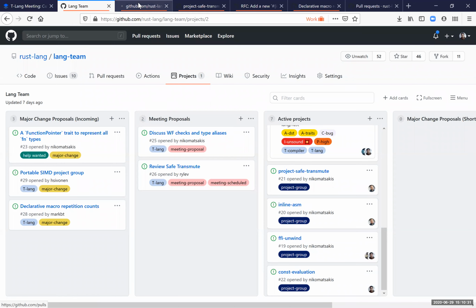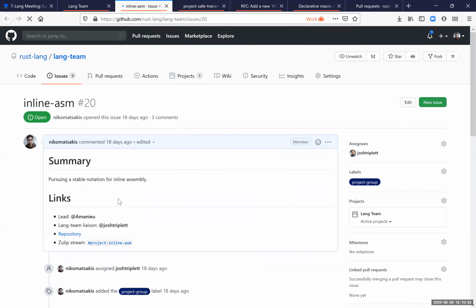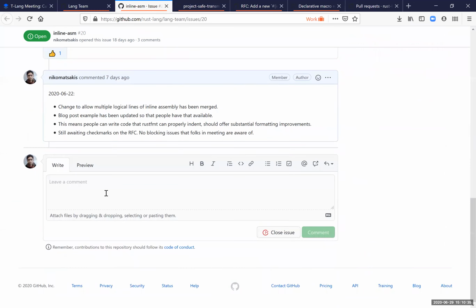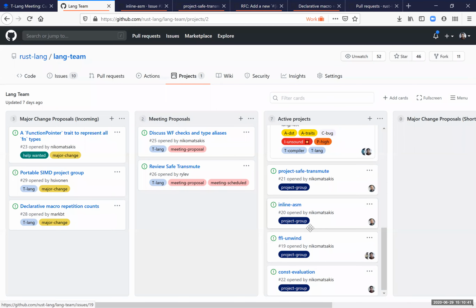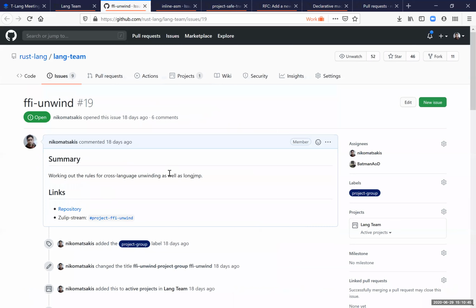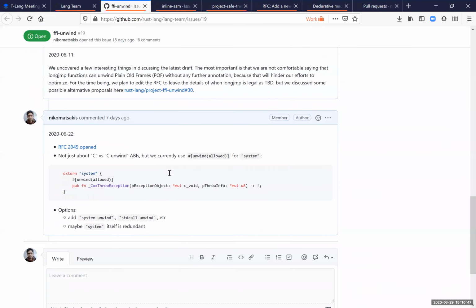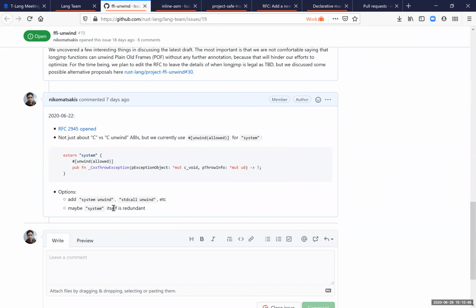Inline assembly, any updates? Nope. FFI unwind, I'm not aware of any updates. There were some concerns raised around Windows and system unwind, but nothing new since last week. I think we're probably going to keep going with this basic approach, but I have to review the thread, maybe.